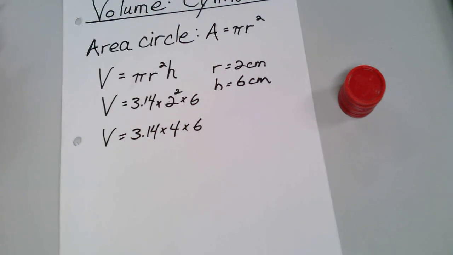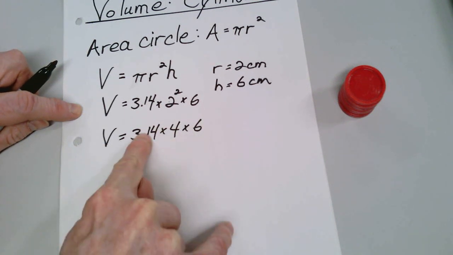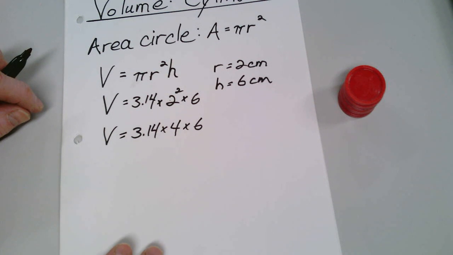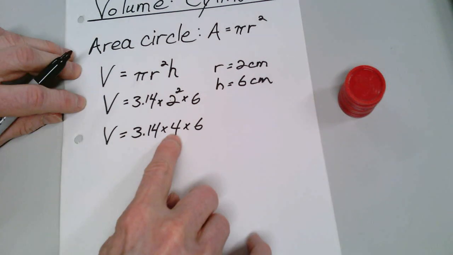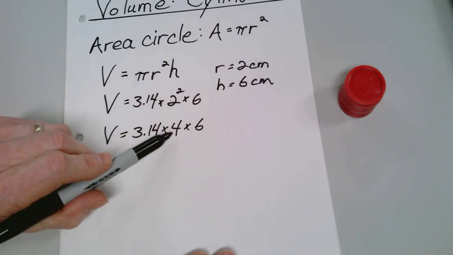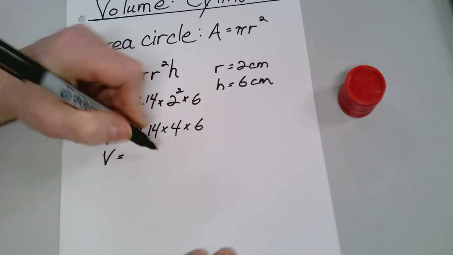Now, as we've mentioned many times before, if you've got a couple of multiplication symbols, it does not matter which one you start with. I could start with these two, or I could do these two, or I could do these two first. I think for simplicity's sake, this would probably be the easiest one to do first, because you can do that in your head. This one times this one, you really can't do it as easily.